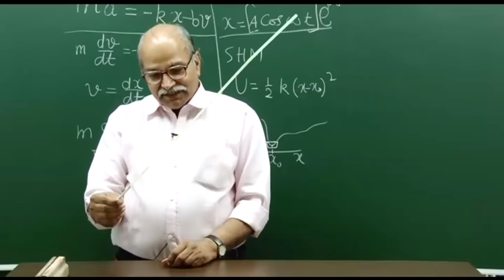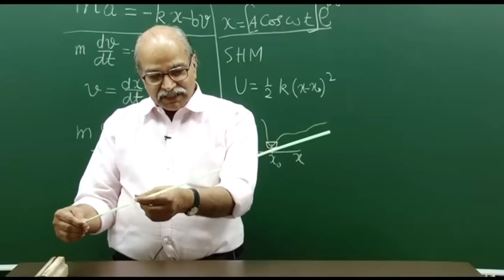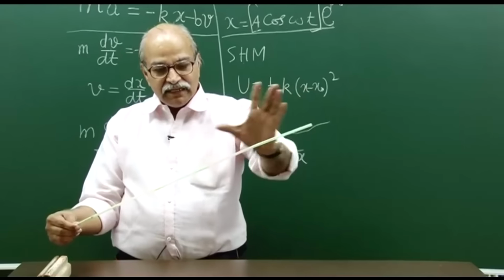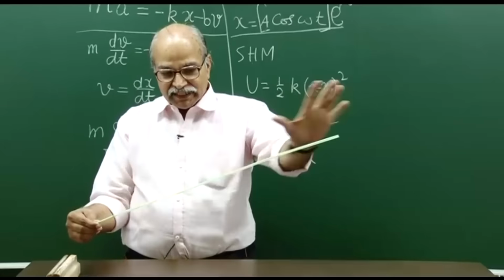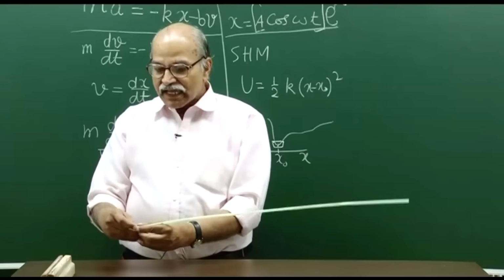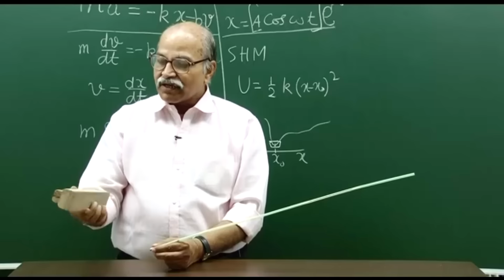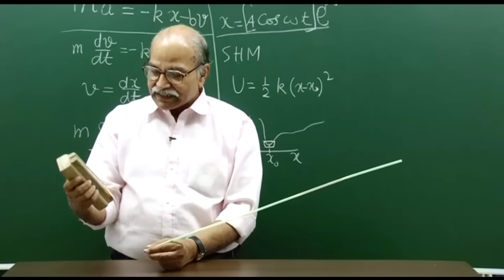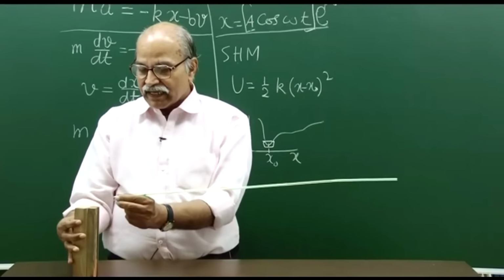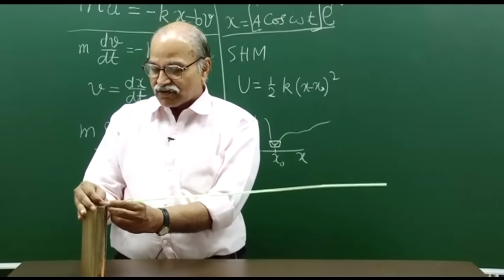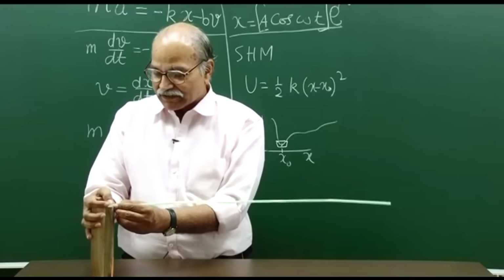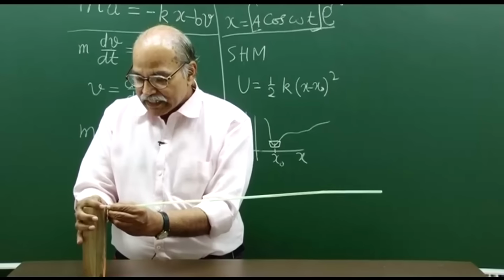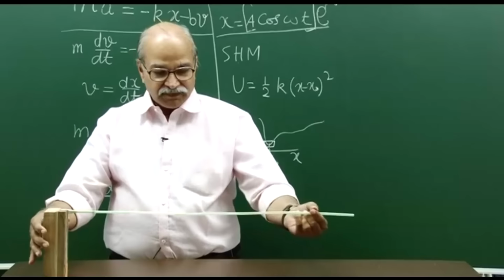I have this long straw with me which has been made by joining several smaller straws together, and I have this wooden block, and in this block you have a groove, you can see, and I push this end of a straw into the groove here. Now, this is an oscillating system.